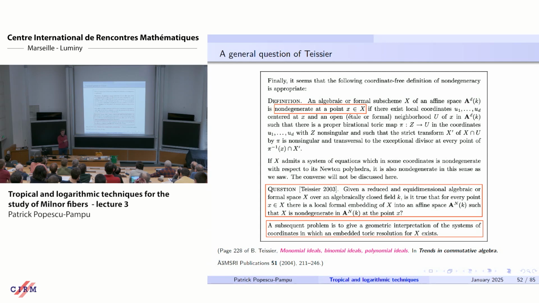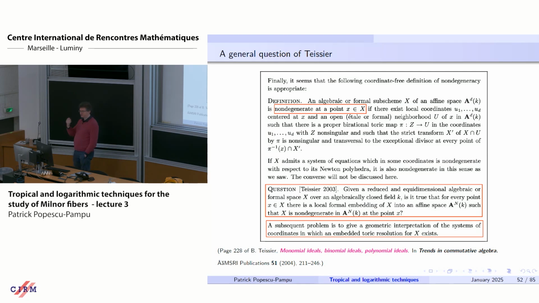Which means, are germs of analytic spaces or formal spaces or any kind of similar category, are such germs Newton non-degenerate after re-embedding conveniently in some smooth space? And the subsequent problem is to give a geometric interpretation of the systems of coordinates in which an embedded toric resolution for X exists.